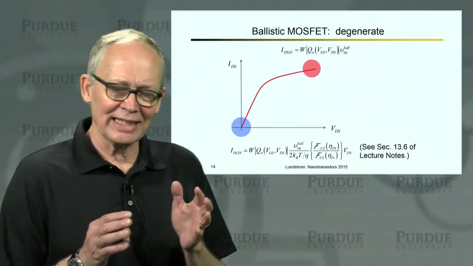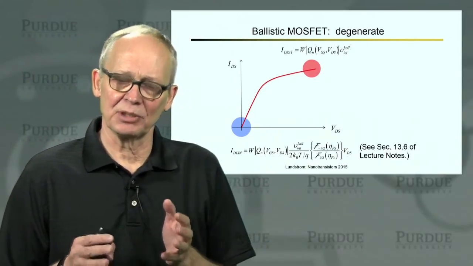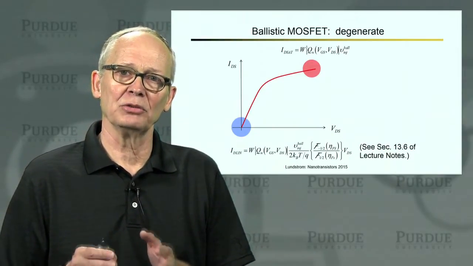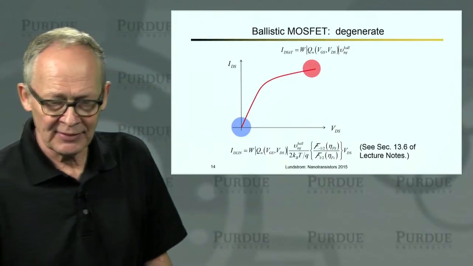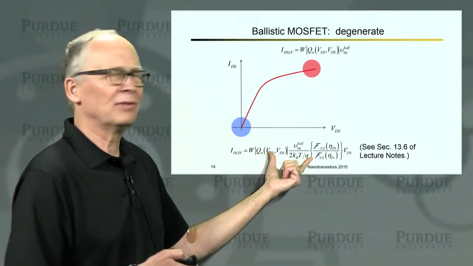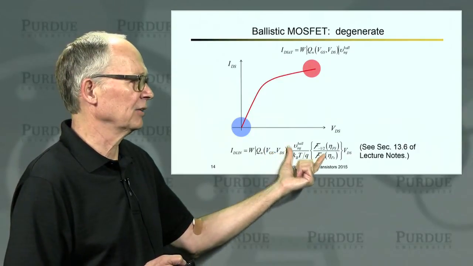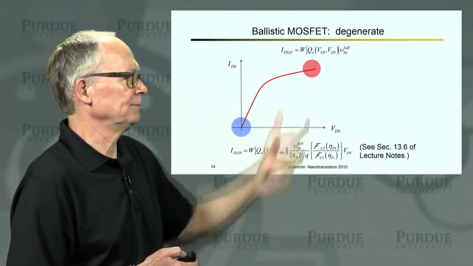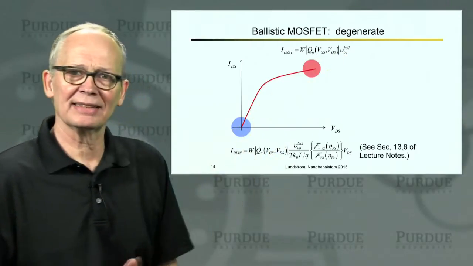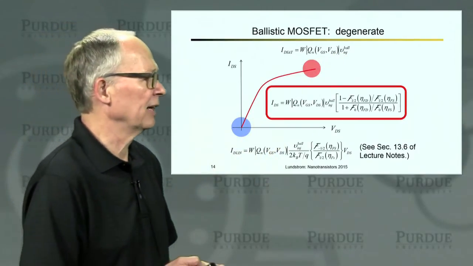Now, we also indicated, but didn't spend much time deriving, what those calculations look like if we don't assume non-degenerate conditions. In that case, we get a linear current that involves Fermi-Dirac integrals. We get a saturation current that looks the same, but this ballistic injection velocity actually involves Fermi-Dirac integrals.